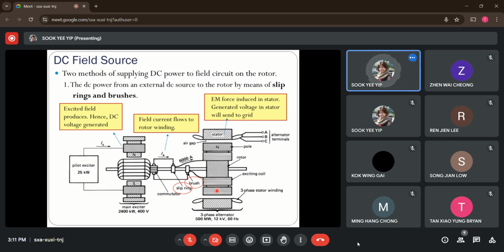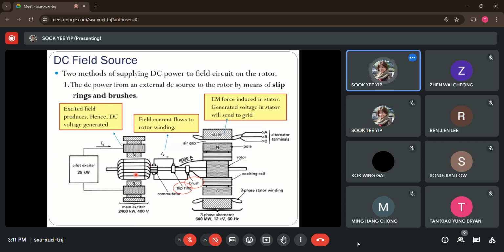Now, this diagram at the right-hand side is showing a three-phase alternator. Alternator is another name for the generator, with a power rating of 500 megavolt-amperes operating at a voltage of 12 kilovolts at 60 hertz frequency. This rotor is coupled with the main exciter at the left-hand side.